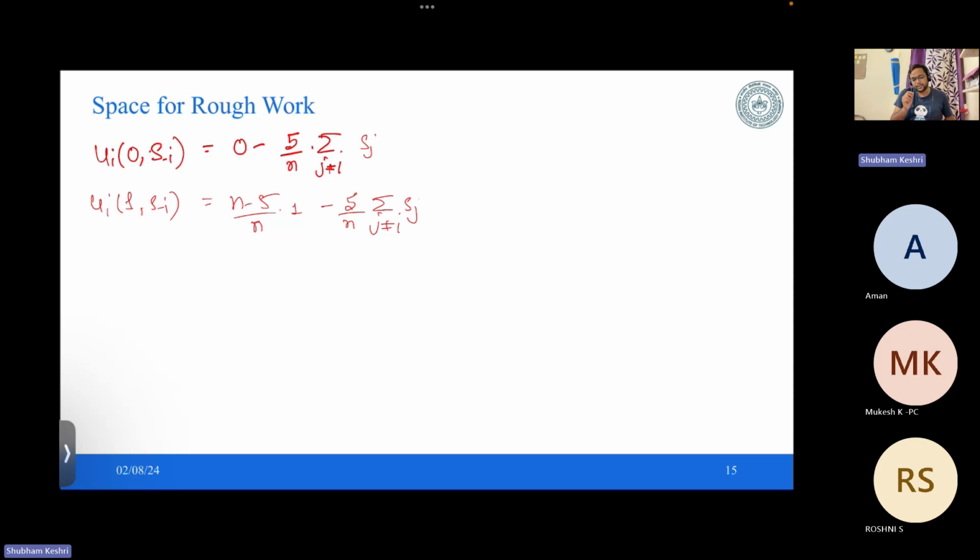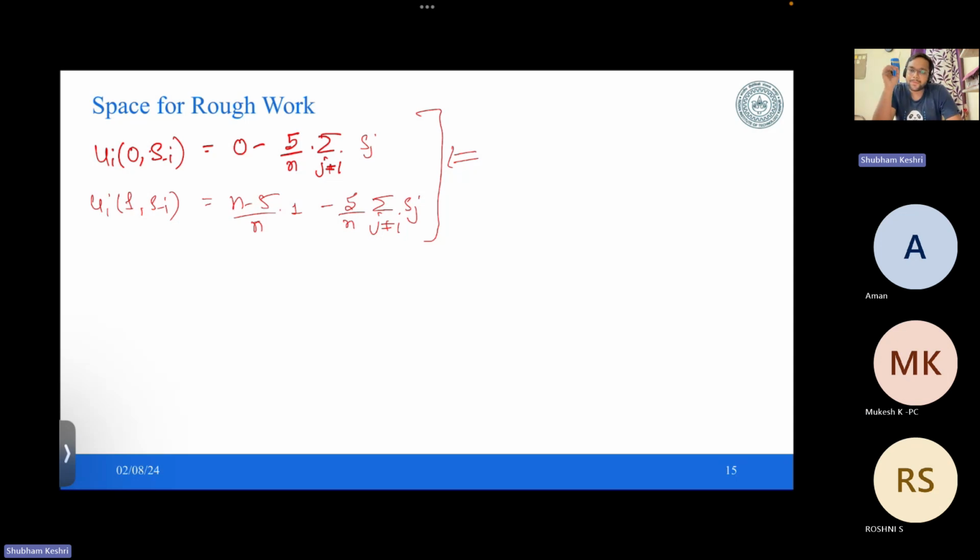These two are the utilities of player I for the strategy 0 and 1. And you see, this utility will be same for all the other players because this is a symmetric game. All the other players will have similar utility. Is this correct? Yeah. Right.